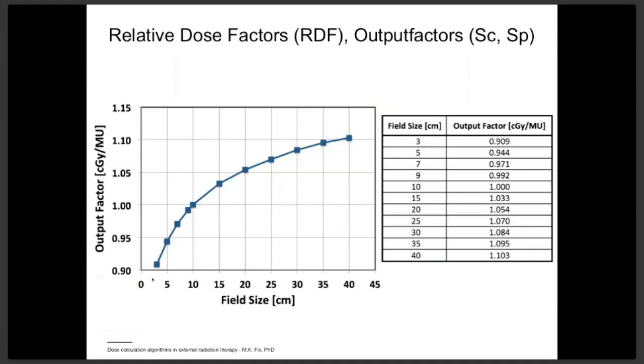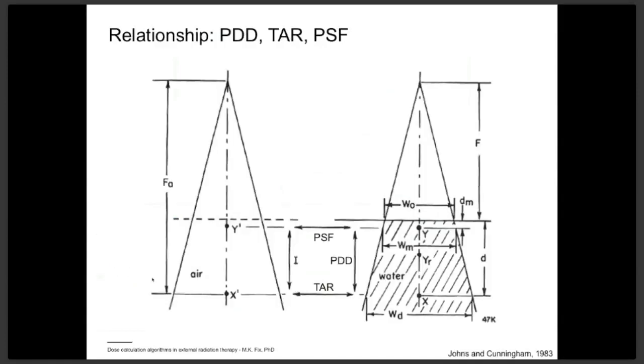So those factors I have discussed, the PDD as well as tissue air ratio as well as the peak scatter factor, they are not independent, obviously. They are related to each other, and I found this graph very useful to show this. This is the situation in air. This is the one in water, and along this axis, the relation of the points is due to the PDD, the ones at the level of the depth of dose maximum, it's the peak scatter factor.